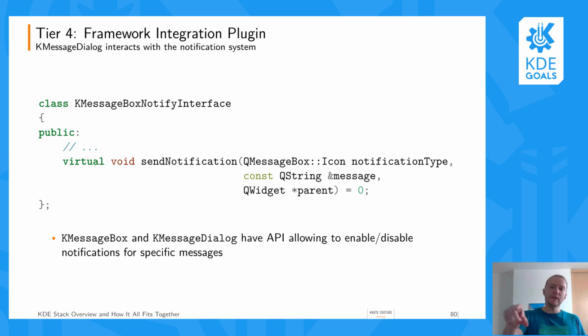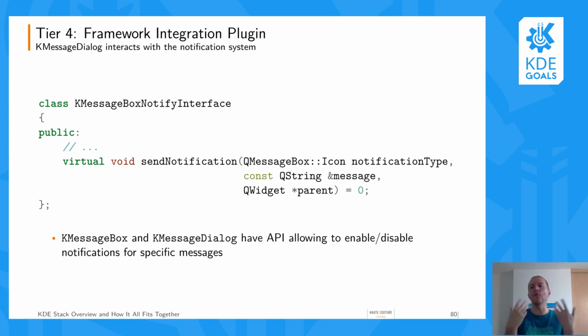And so the framework integration plugin, which is in tier 4, will provide an implementation for that one. So you're depending on something which is tier 1, but if the framework integration plugin is there, that thing in tier 1 will try to load that plugin, it will find it, and through that plugin, the implementations for that interface are actually going through another tier 1. So that's how we manage at build time to have both tier 1.